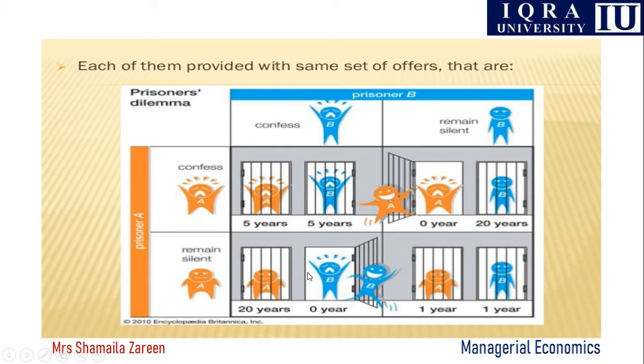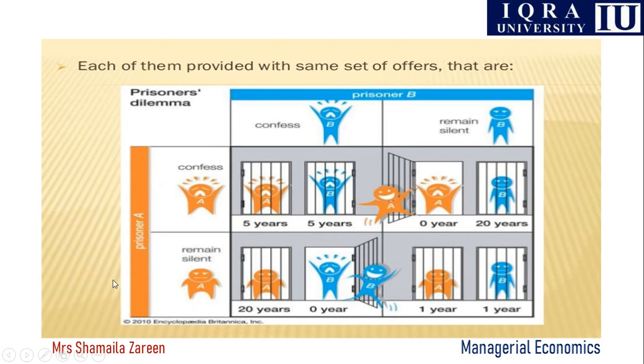If prisoner B confesses, he will be thrown out of jail, and if he remains silent, he will get 1 year punishment. So the best option is he will confess. So in all the cases, whether prisoner A confesses or remains silent, prisoner B will always confess. So this is the dominant strategy of prisoner B.